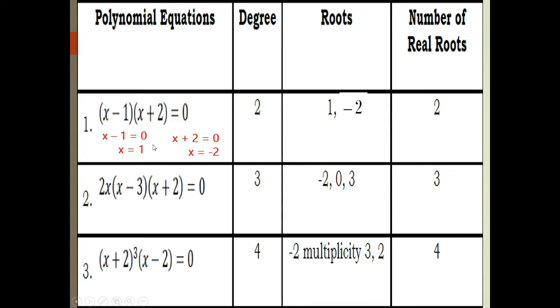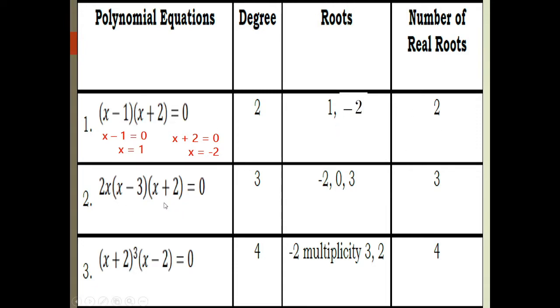Kasi, di ba, dalawa yung x natin, x times x squared. Ang roots natin, dalawa rin, di ba? Ito nga, 1, tsaka negative 2. Are they real? Real ba tong 1 and negative 2? Yes, totoo naman tayong merong 1 at saka negative 2 na number. So, there are 2 number of real roots.